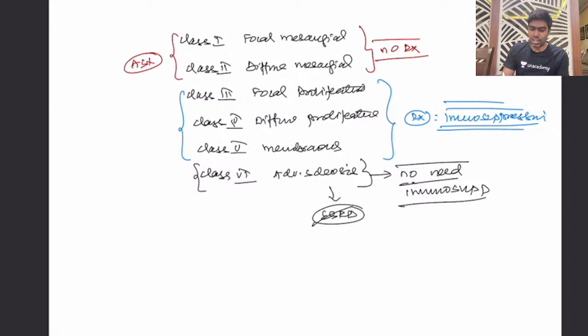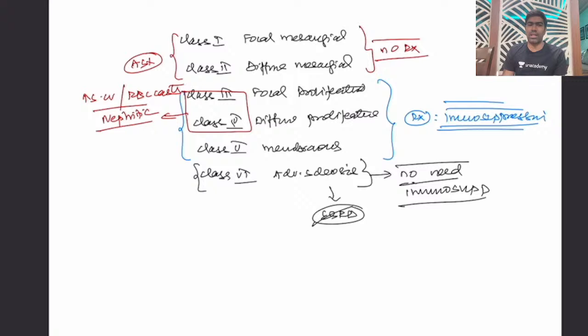For that we need to know how class 3 and class 4 are going to present. Class 3 and class 4 are going to present with nephritic syndrome, which means glomerular nephritis. When you talk about glomerular nephritis, most of the time you're going to talk about high serum creatinine, RBC casts in the urine, of course some sort of proteinuria, and they might have hypertension.